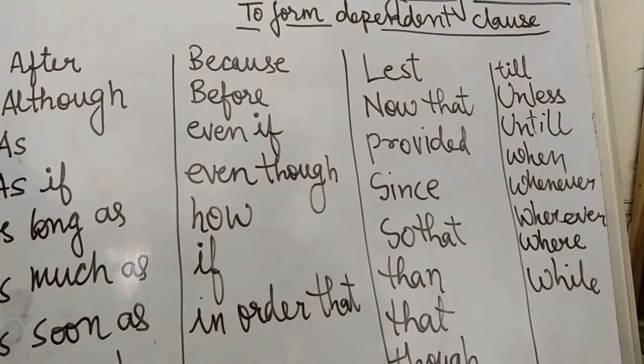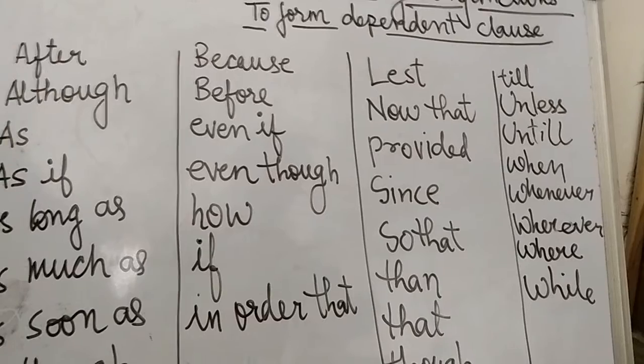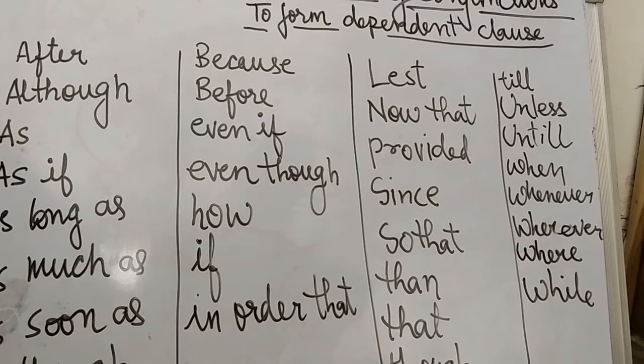So these are some of the subordinating conjunctions which are used in the beginning to form a dependent clause.